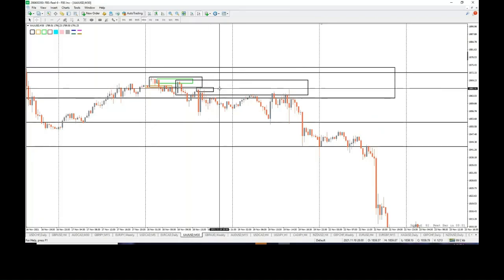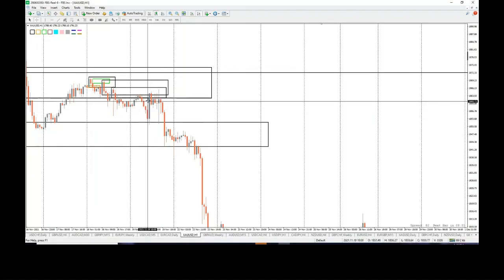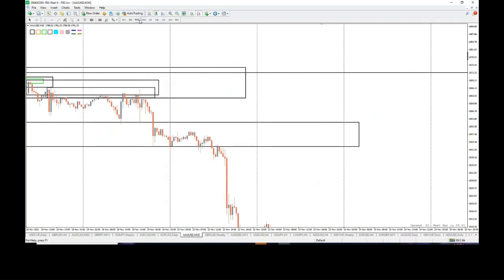After the second entry, the price is still making another engulfing sell. So what do we do in the H1 zone? We wait for M30 or M15. Yeah, M30 is fine.